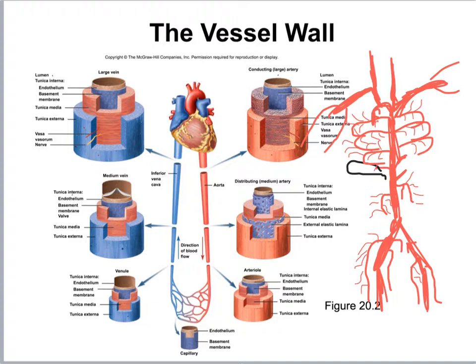Mostly it's going to the arterioles. So arterioles have a tunica interna, which is pretty much the same as it was before, basement membrane, a relatively thick, at least for their size, tunica media, which is very muscular, smooth muscle, and a relatively thinner tunica externa.